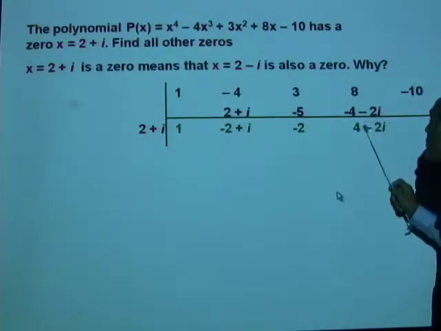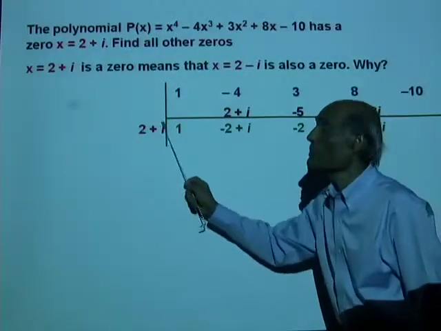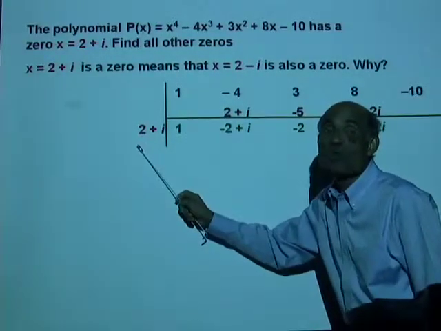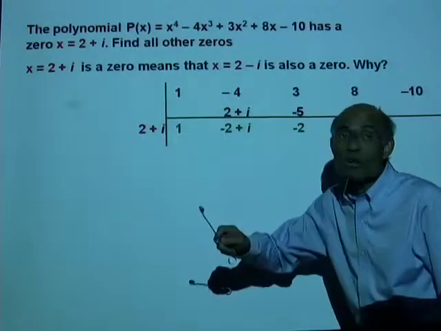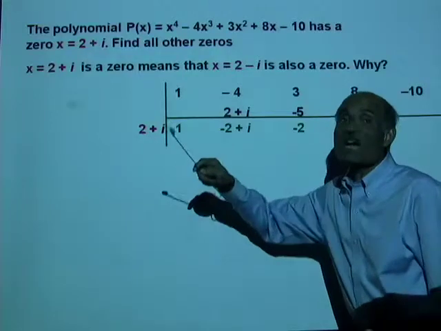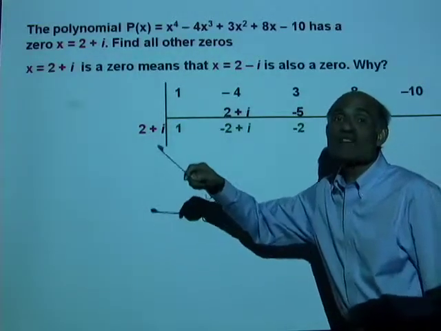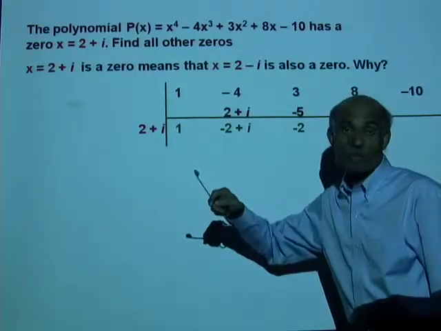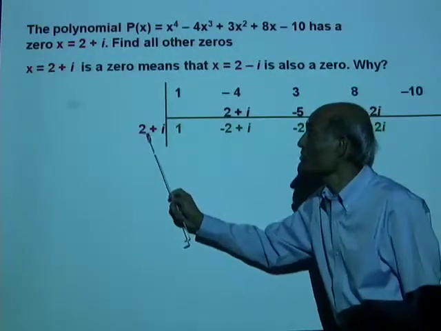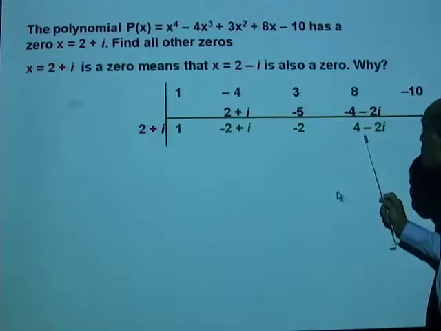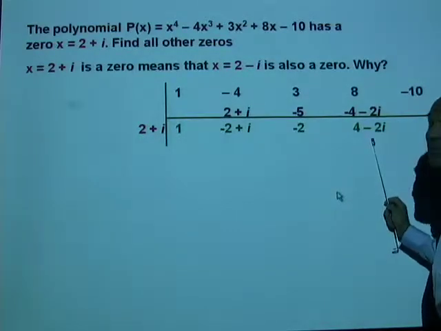And that 2 minus i times 2 plus i is 2 squared minus i squared. 2 squared is 4, minus i squared is minus negative 1, that will be plus 1. 4 plus 1, 5. So 2 plus i times 2 minus i is 5.